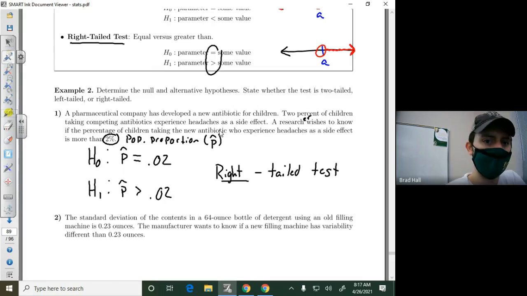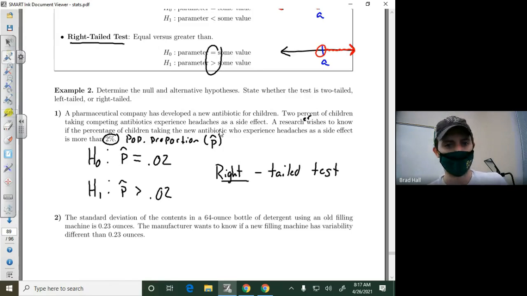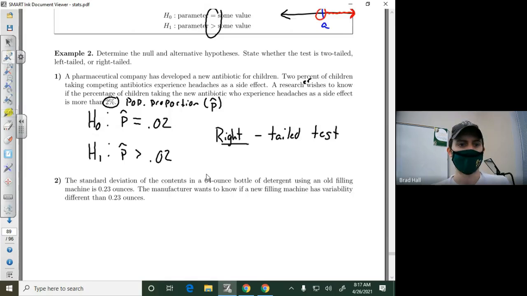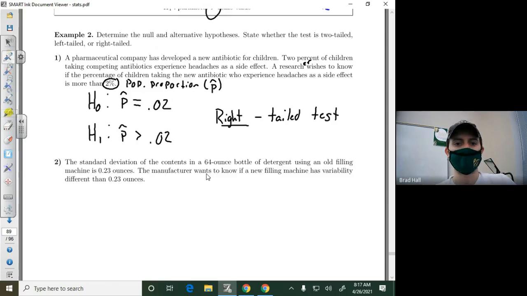The symbols for the right tail test perfectly correspond to our symbols. There's an equal to sign and a greater than sign. Additionally, if you're greater than some value, then you're to the right of that value. That's another way you could think about the direction of the tail. So that's already part one right there.